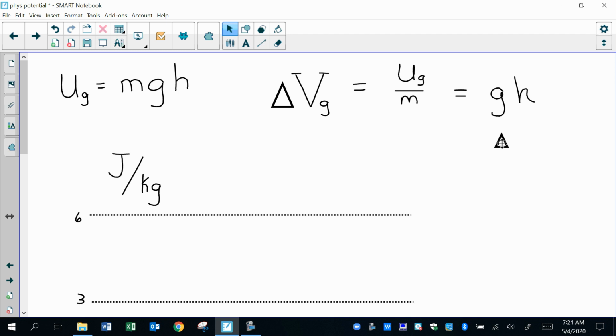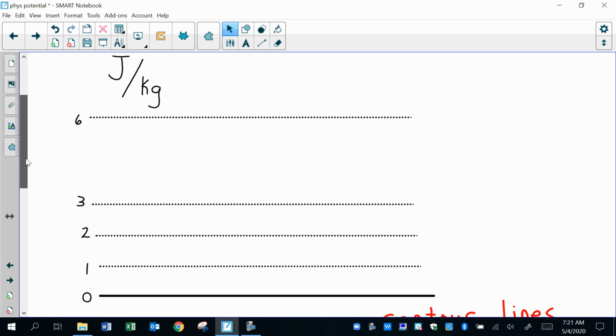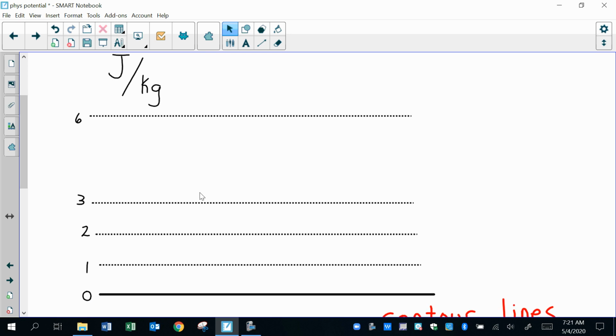So that's really what we're looking at. We're always looking at a change. How does the potential here compare to there? Because that's what matters when it comes to energy. So if I look down here, this right here might represent the stairs that we have in our school.